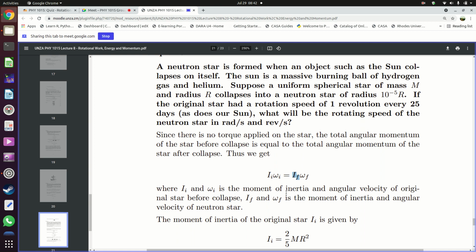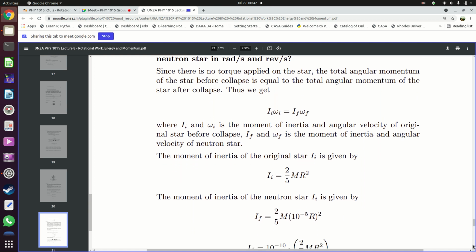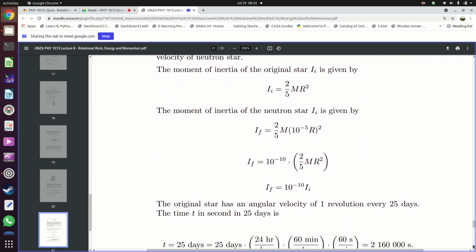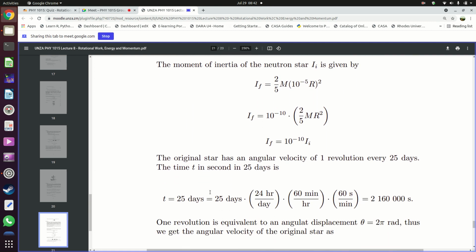The other thing we know is we have been told how fast the star is rotating before it collapses: 1 revolution every 25 days. We know a revolution in angular displacement is 2 pi radians, and the amount of time it takes in this case is 25 days. So the original star has an angular velocity of 1 revolution every 25 days. We need to express this 25 days in seconds.